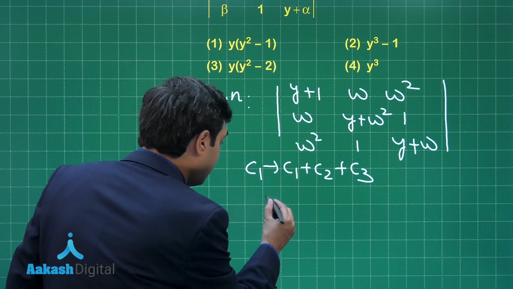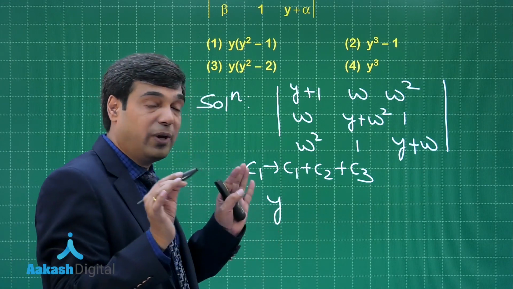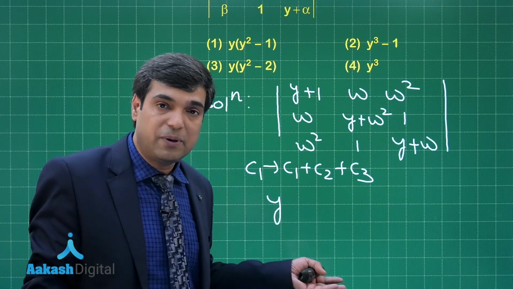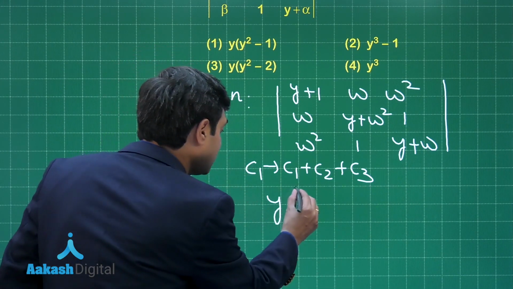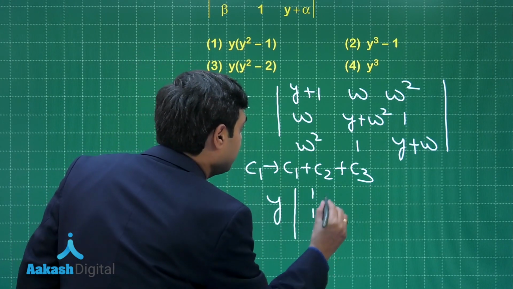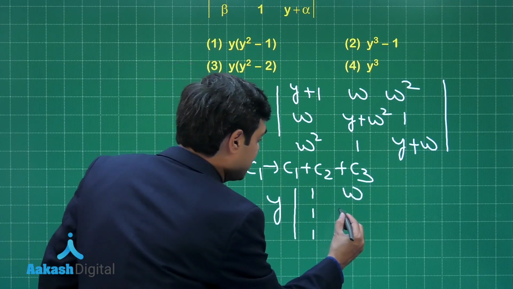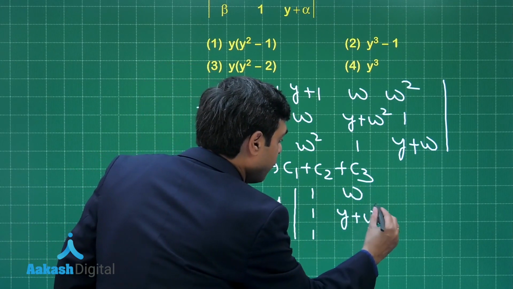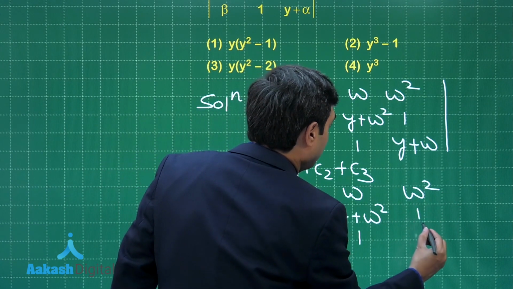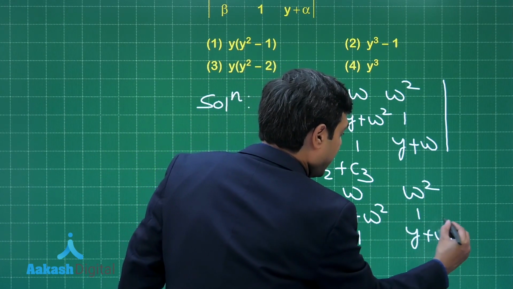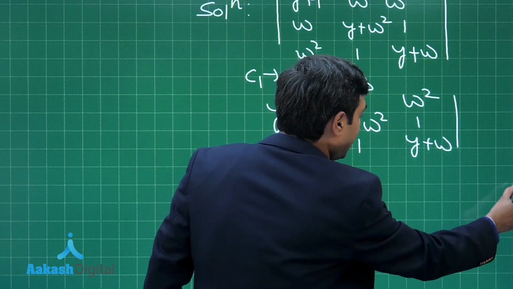So we get here y + 1 + ω². But what is 1 + ω²? That is 0. So simply we have y outside and the first column has 1, 1, 1. Rest same, that is ω, y + ω², 1, ω², 1, and y + ω. That's clear how we are getting the result.